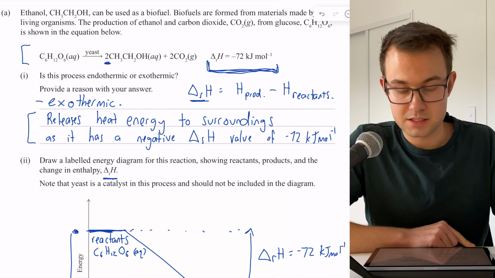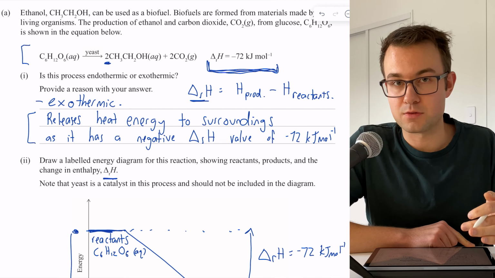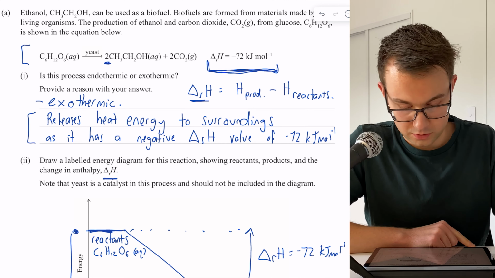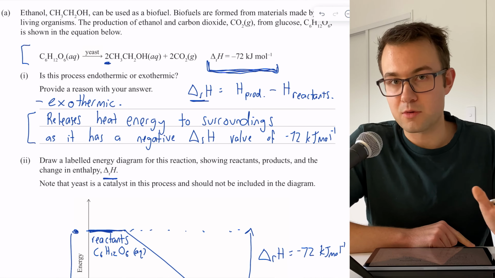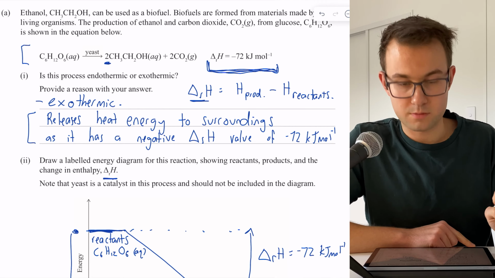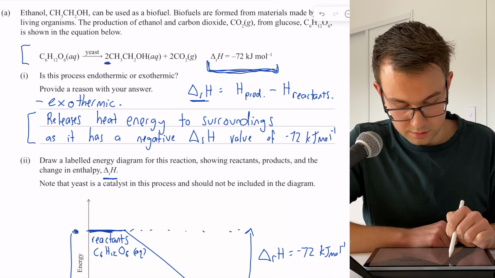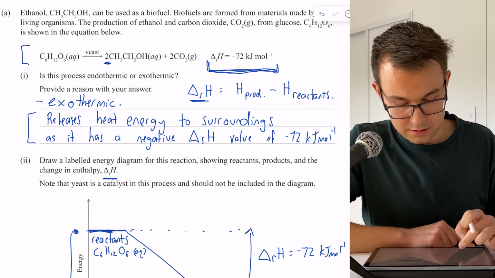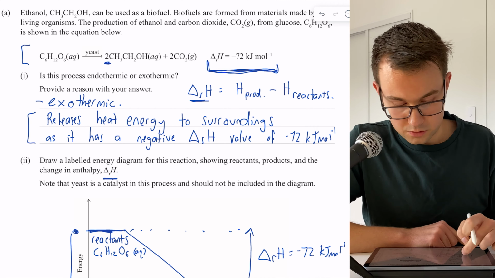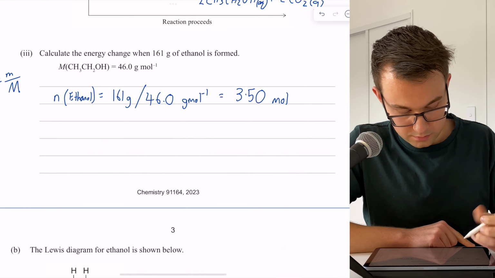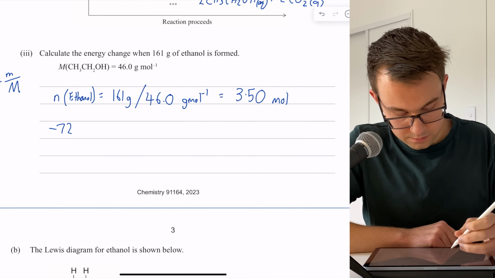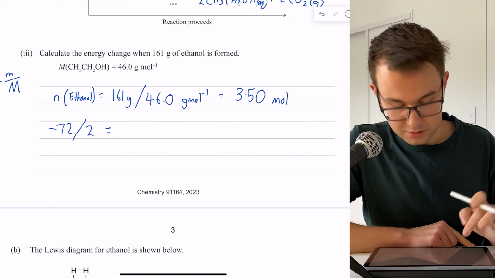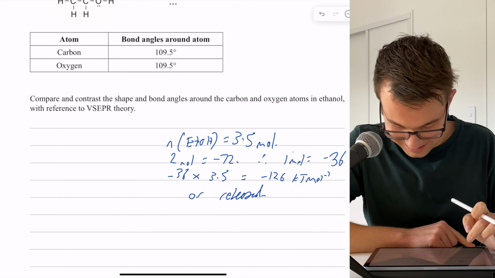Okay, let's get this down to see how much energy is released when 1 mole of ethanol is formed, because that's a much easier number to work with. There are multiple ways to do this question. I find this to make a lot of sense. So 2 moles of ethanol, when that's formed, releases 72. Okay, so how about 1 mole? So all you have to do there is go negative 72 divided by 2 is equal to, I could do this in my head, but I've done it earlier.